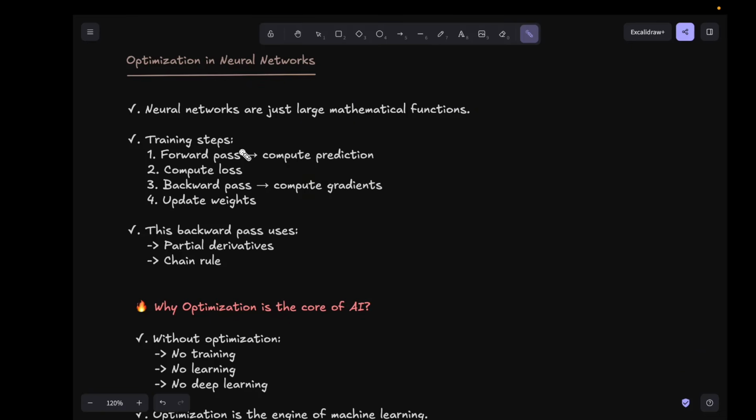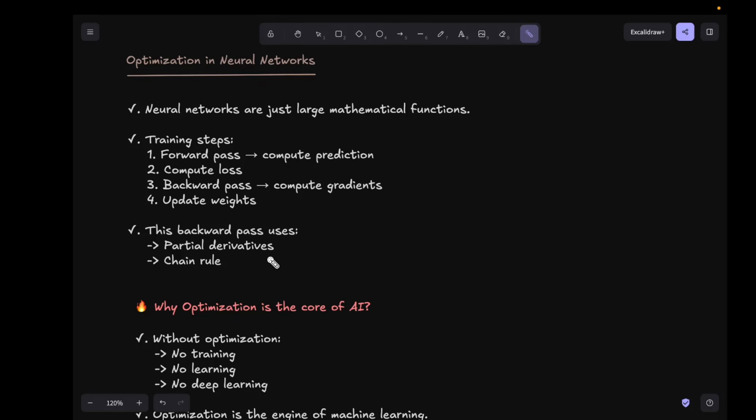The training steps are the forward pass and the backward pass. In the forward pass, the computer computes the prediction and computes the loss. In the backward pass, the computer computes the gradients and updates the weights. The backward pass uses partial derivatives and the chain rule.